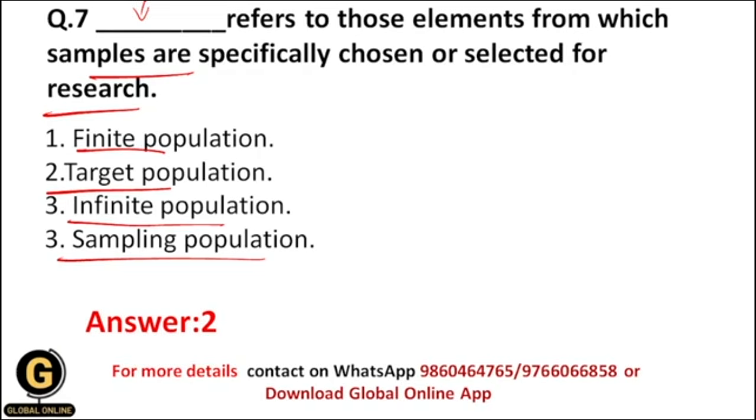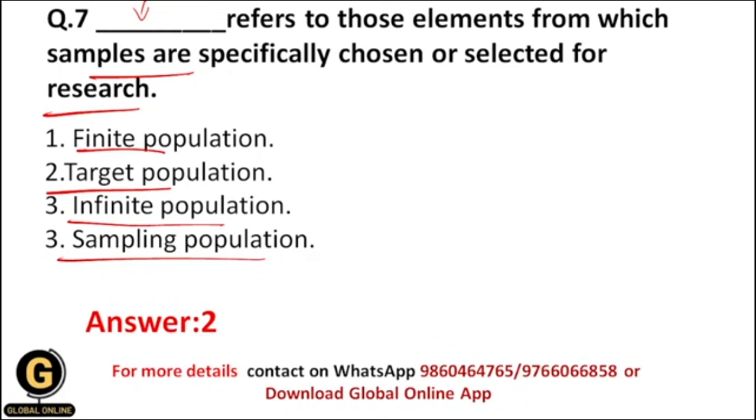What is exactly a finite population? Finite population means we know the number of participants in the population, which has a finite number of people. What is infinite population? Infinite population includes an infinite amount of people. We don't know the exact number of people in that population. What is sampling population?